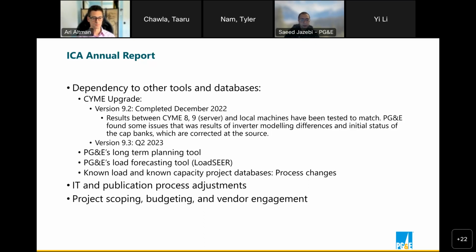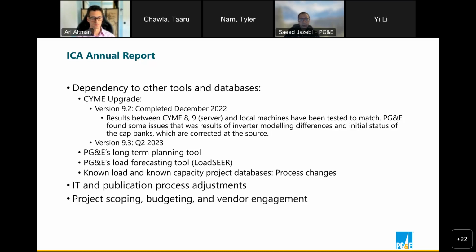At the same time, we're looking to have a new version of our load forecasting tool, LoadSeer, that will enable us to request load information for each line section and each premise within SIME.